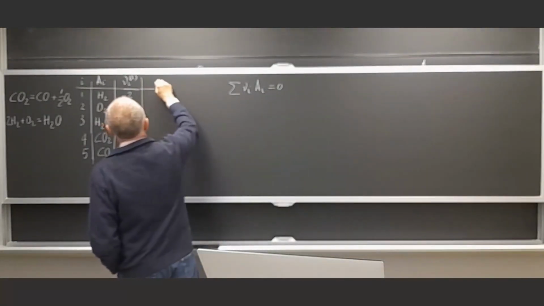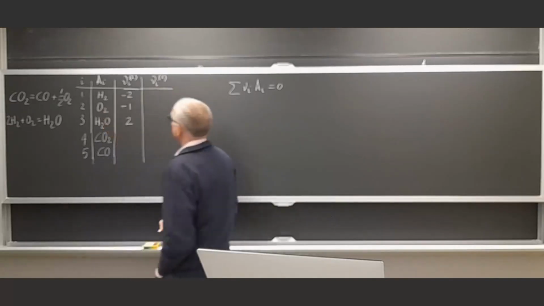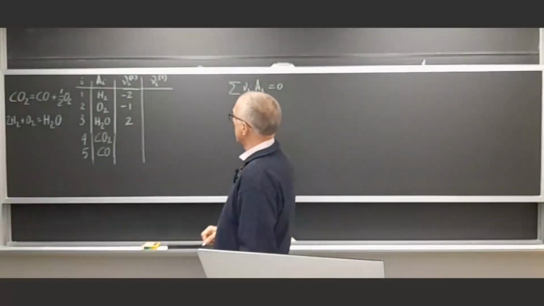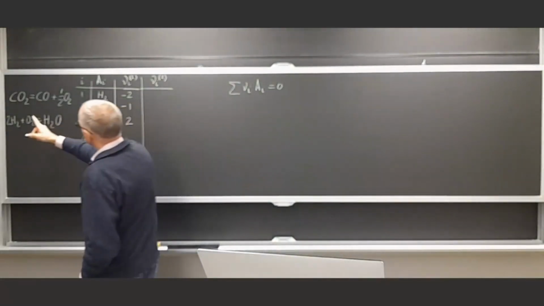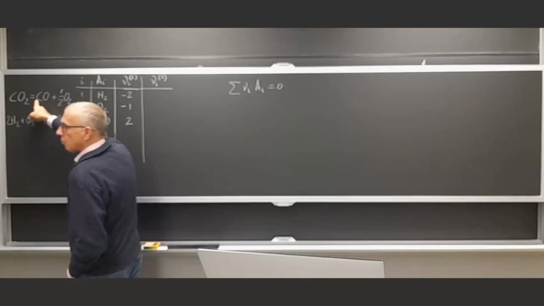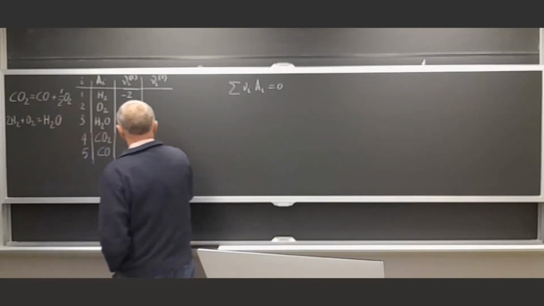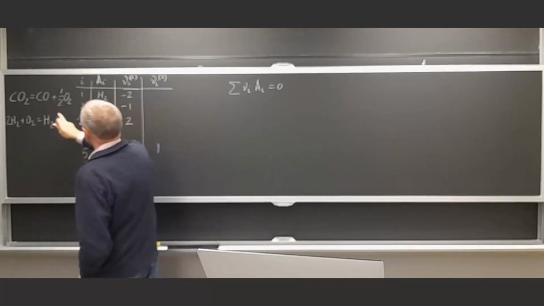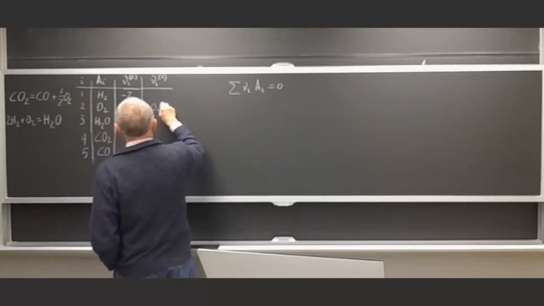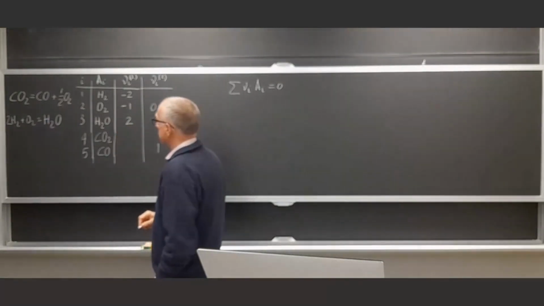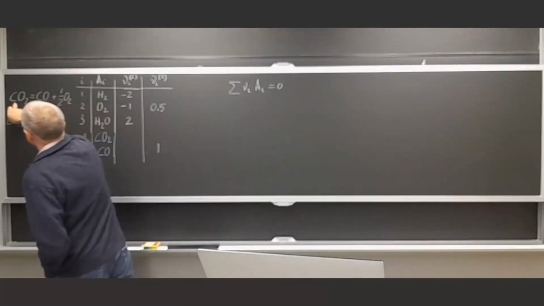And then I put here the stoichiometric coefficients for the second reaction. So for the second reaction, I have +1, since it's a product, for CO, so CO is 1. Oxygen, 1/2, so 0.5, positive, and CO2, it's on the left-hand side, so it's negative.